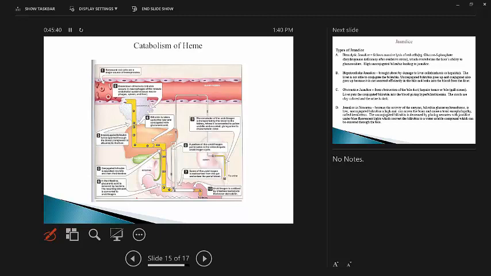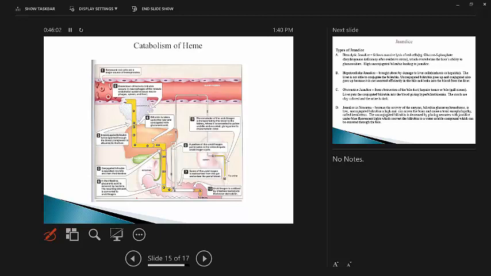It's relatively simple. This is from the textbook. Okay, so senescent red cells are the major source of heme proteins, okay? So that's really what's happening. The breakdown of heme to bilirubin occurs in macrophages of the reticuloendothelial system.